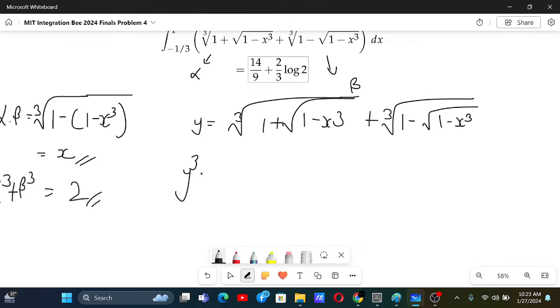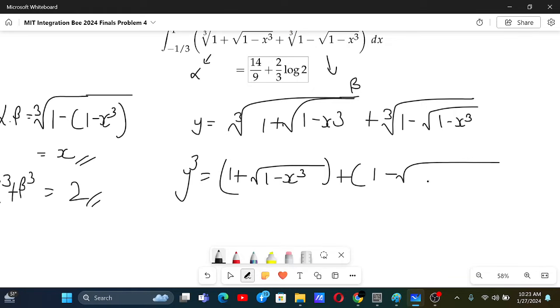Its cube will be, first of all, a cube, which is 1 plus root under 1 minus x cube, and then b cube, which is 1 minus root under 1 minus x cube, plus 3ab(a plus b).